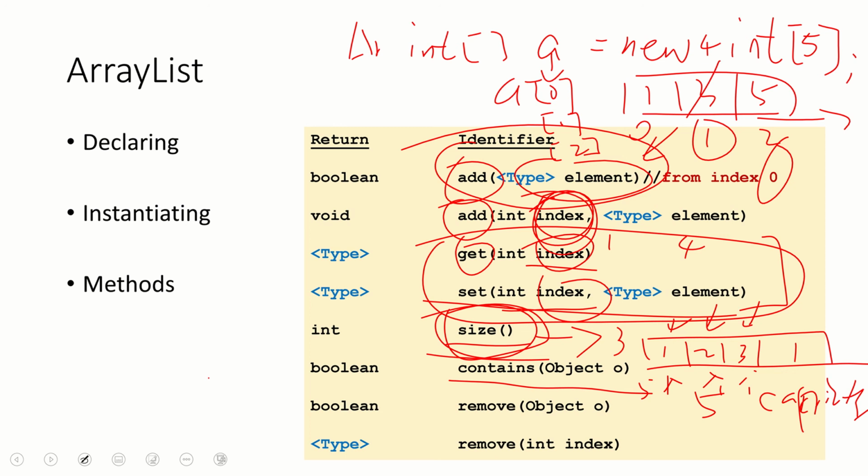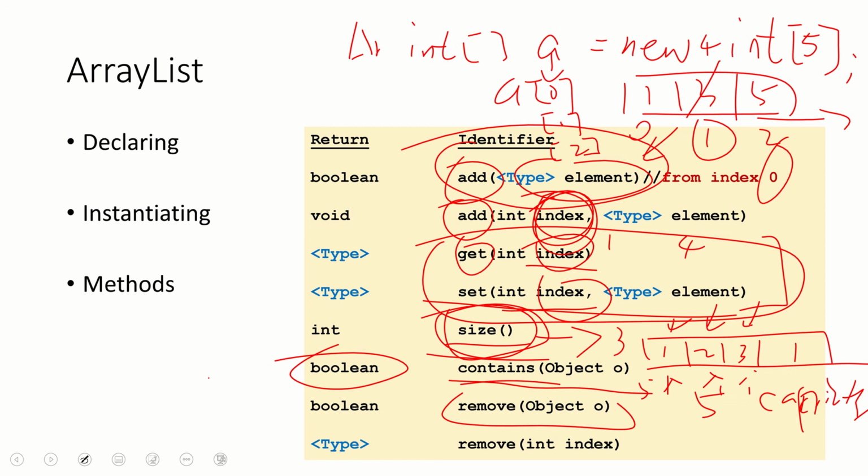If it exists, it will return true. If you check the return type of this method, it returns a boolean. That means if your array list contains this element, it will return true. Otherwise, return false.